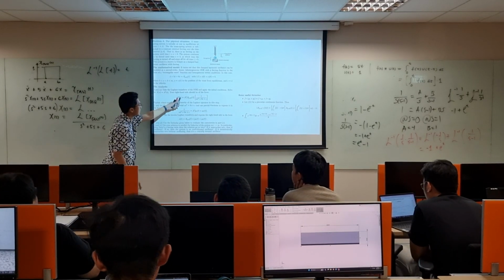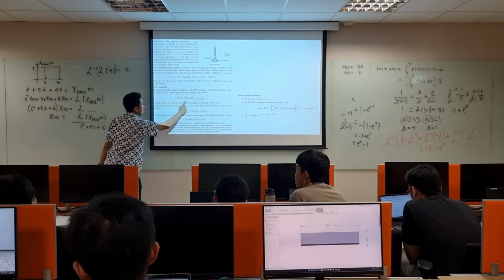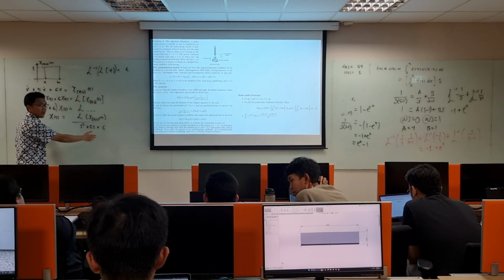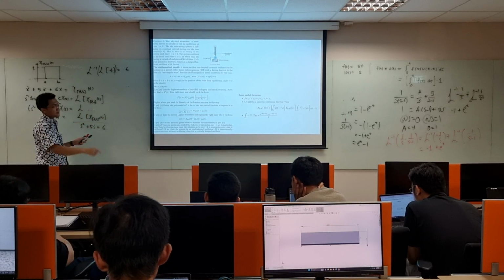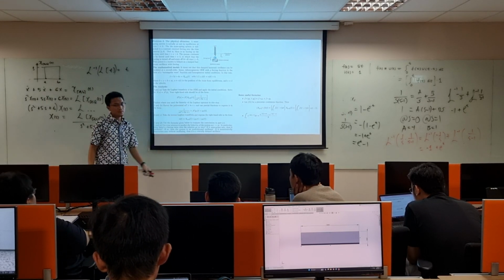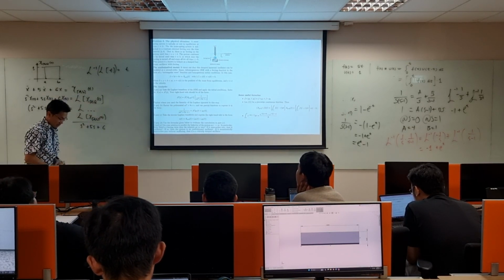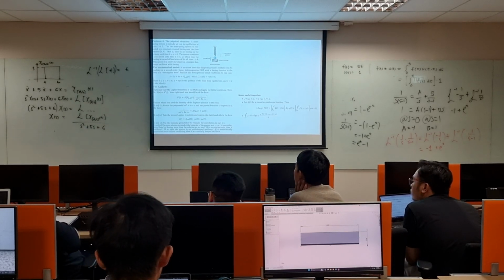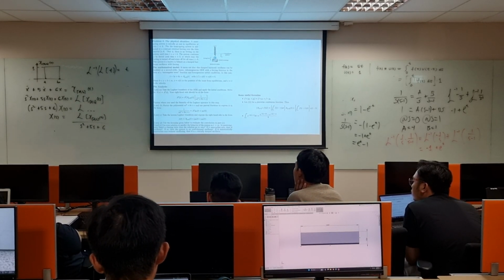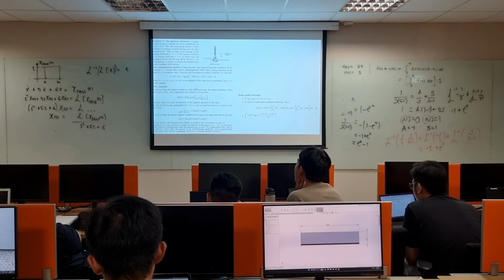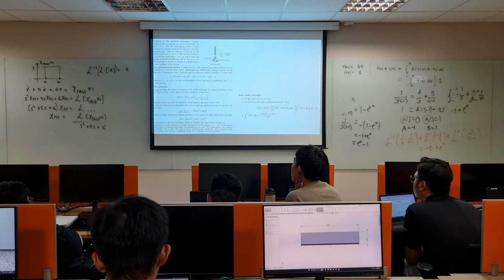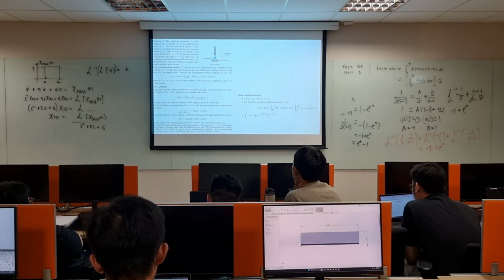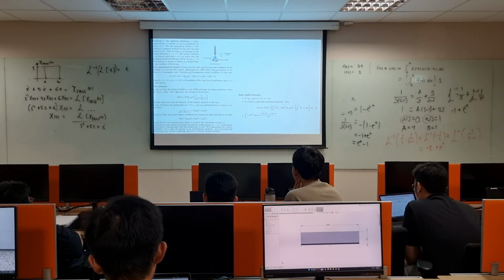So X(s) equals the Laplace of the input over s squared plus 5s plus 6. This is already in the form that is being asked by the problem. Okay, now can you tell me where the linearity is being used?